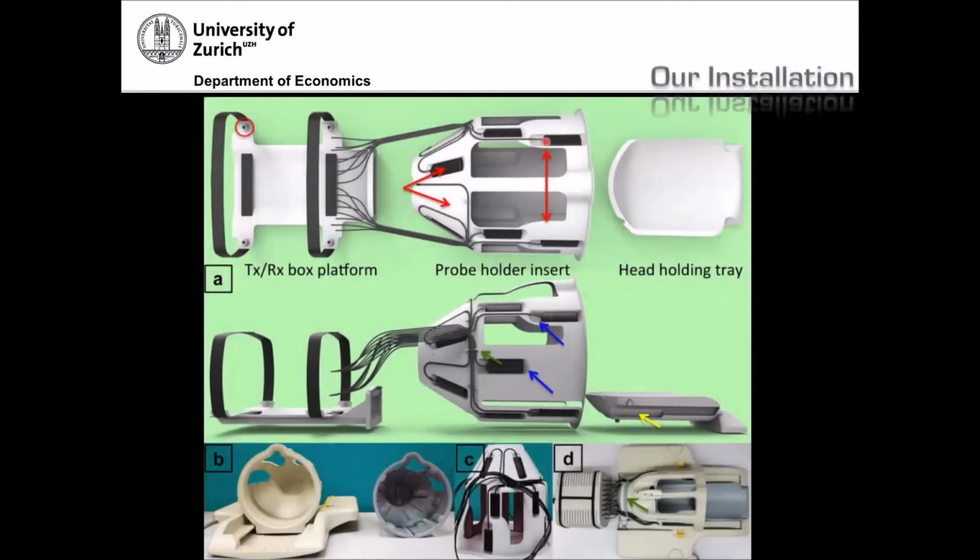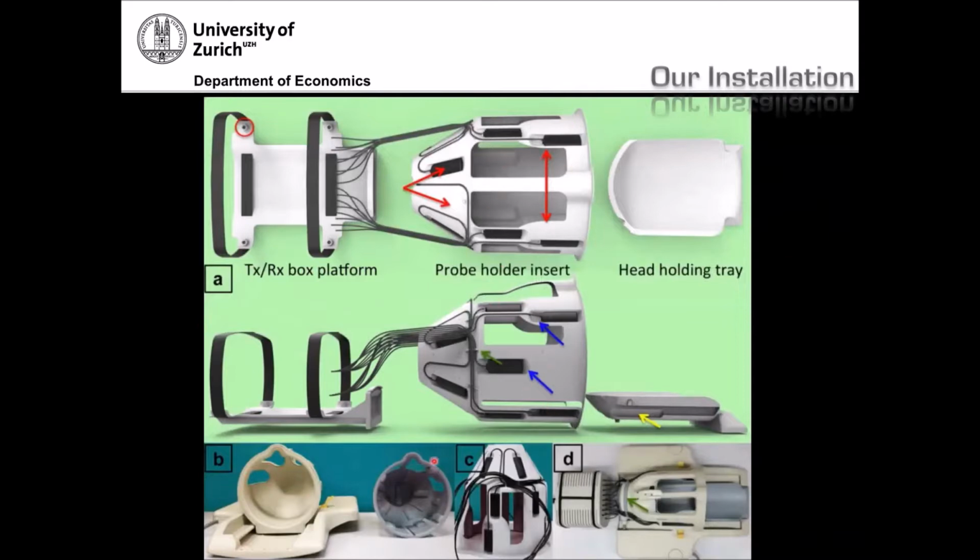We decided to install it in an 8-channel head coil, and the way we implemented it was to have this 3D printed insert which holds the probes within itself and the inside of the coil, which you see in part B down here. So you can see here the design from different angles, from the top and from the side.